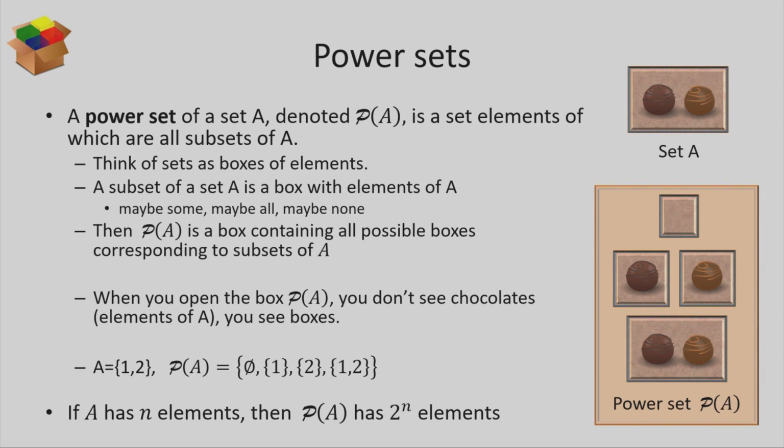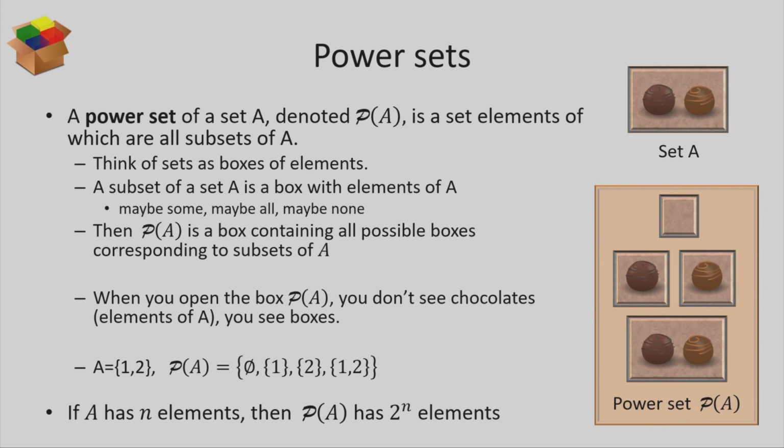You could eat the dark one and give me the milk chocolate, or you could give the whole box to me. So here are 4 possibilities of what you could do with the set of 2 elements, a dark chocolate and a milk chocolate, and those 4 together form a set that's called the power set of, in this case, the set of chocolates.